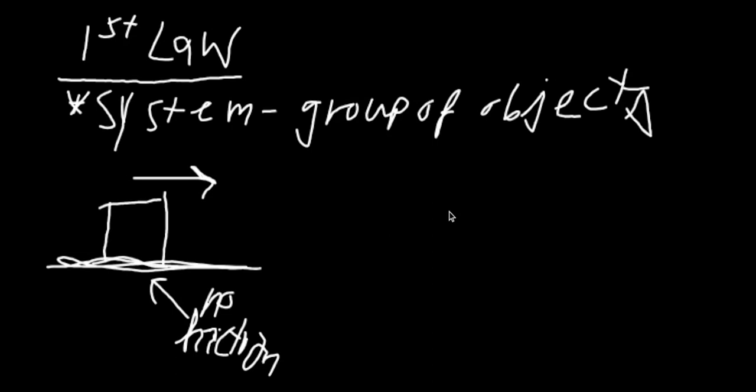Maybe that force acts to speed it up, to increase its velocity. Maybe it acts in the opposite direction to the left here, to slow it down or change its direction. But until that external force is applied, this block is just going to move to the right forever with some velocity v.